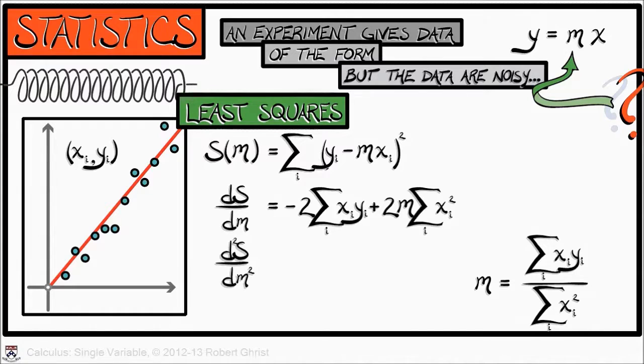And so, treating everything else as a constant, we get that the second derivative is simply 2 times the sum over i of x_i squared. What do we note about that? We don't care what the x_i values are. When we square it, we get something non-negative. So as long as some of the x_i terms are nonzero, we get a positive second derivative and a minimum. This value of m is going to minimize our deviation and give us a best fit line.